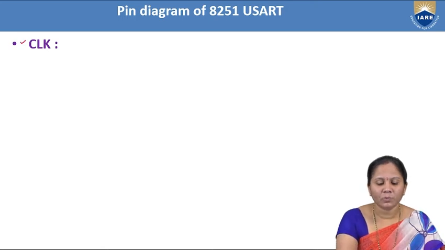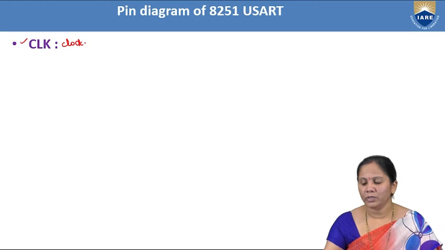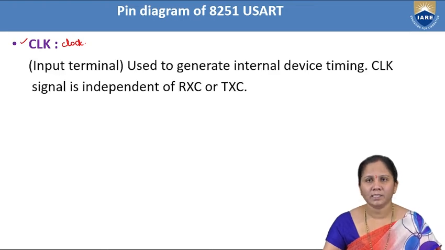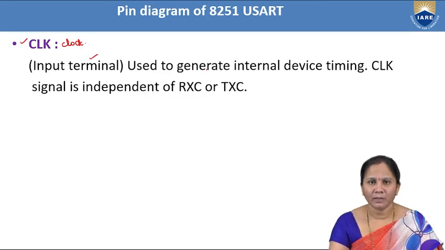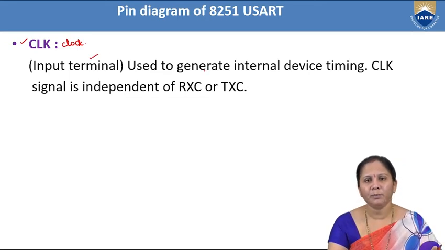And next one is clock signal. Here this clock signal is necessary in order to synchronize the transmitter and receiver end. So this clock signal is considered as an input terminal. That means this terminal is an input terminal for 8251.